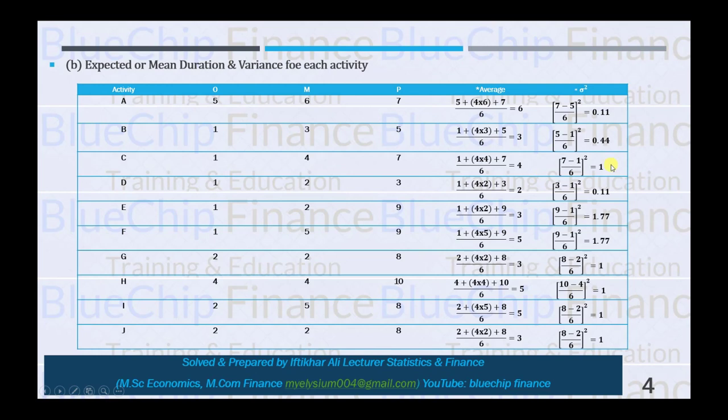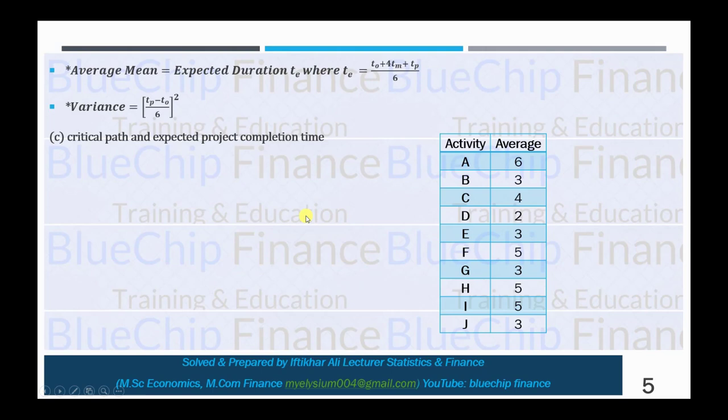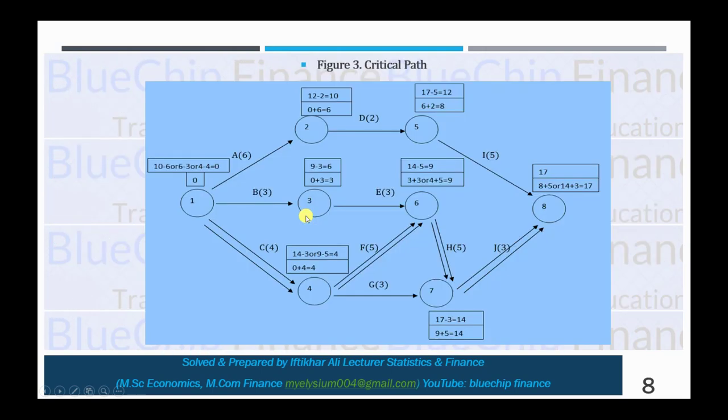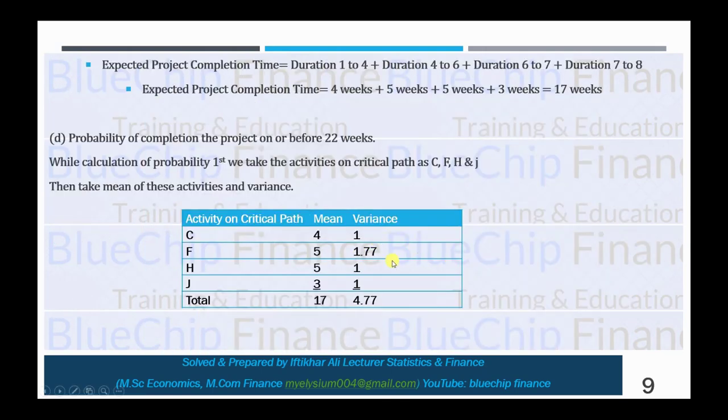C is 1, F is 1.77, and H and J are 1, 1. So 1, 1.77 and 1, 1 are your variances on this critical path. So the total variance is 4.77 and the total mean is 17.